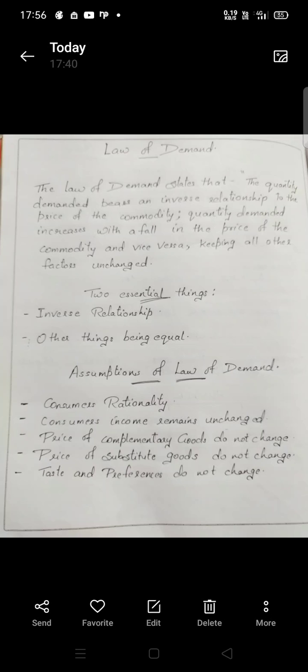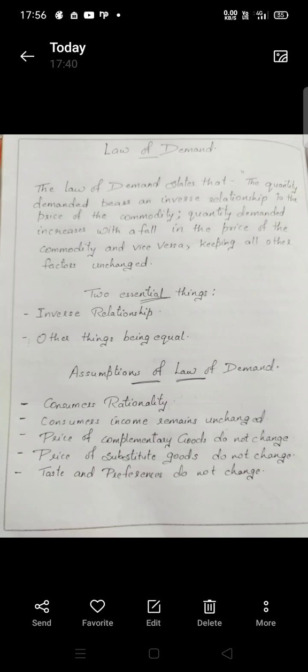In the same way, price of complementary goods: if the price of mobile phones falls, more of these would be sold in the market. But if the call charges rise, many people may not buy mobile phones even at lower prices, isn't it? Then price of substitute goods: if the price of Pepsi goes down, people may demand an increased quantity.